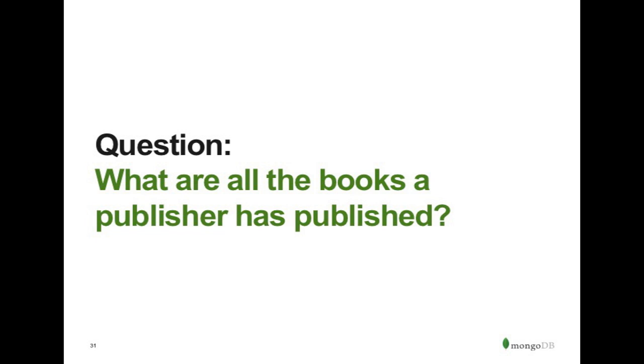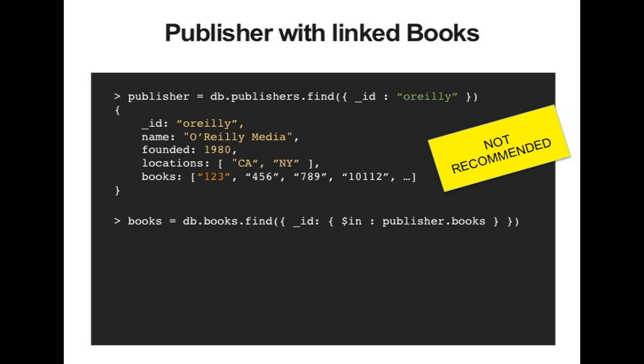Now, we've actually already seen a way to do this. We can find on the books collection with a publisher name. But is there another way? Because with Mongo, it's all about looking at and exploring the different ways to do something. This time, however, we're showing you a counterexample. We're showing you something not to do in MongoDB.